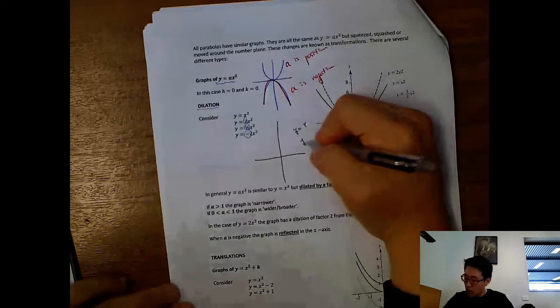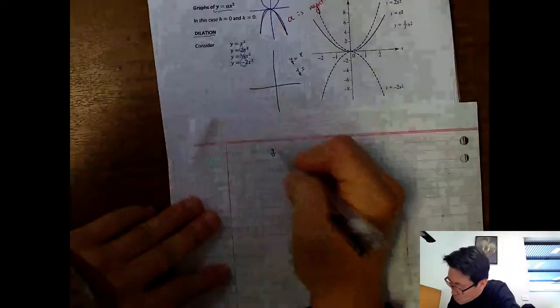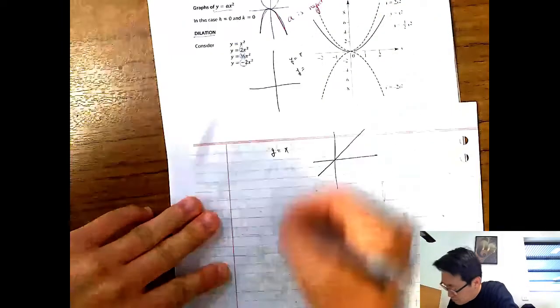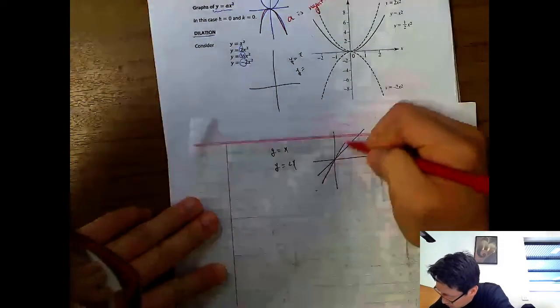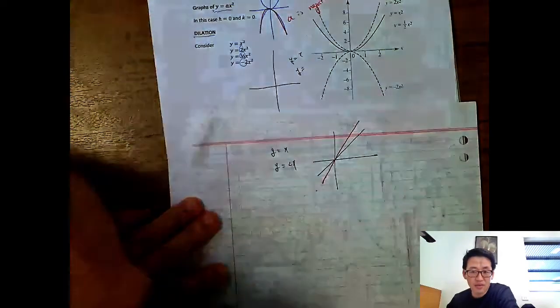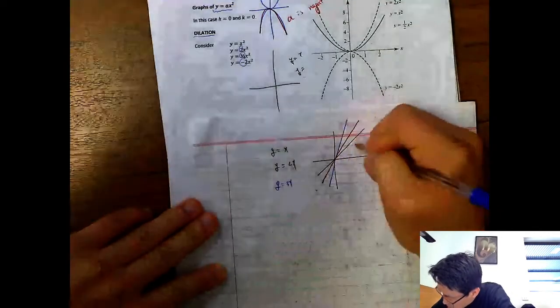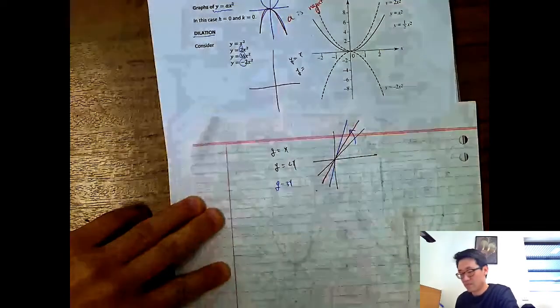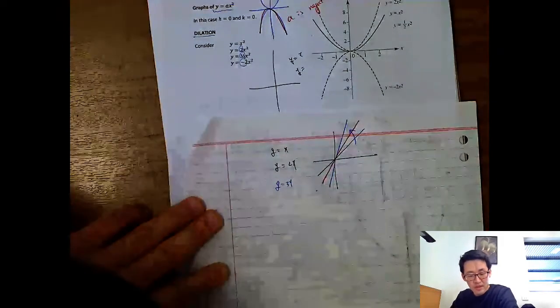What about y equals 2x? Now we have a slightly steeper increasing graph. I'm just drawing roughly. Y equals 3x increases more. Do you remember that? Yep.